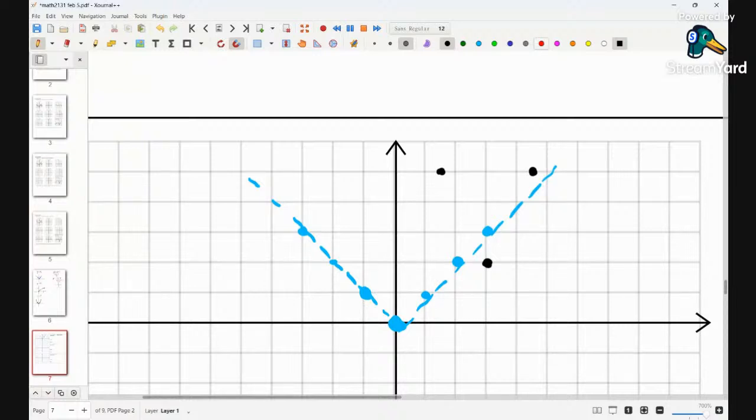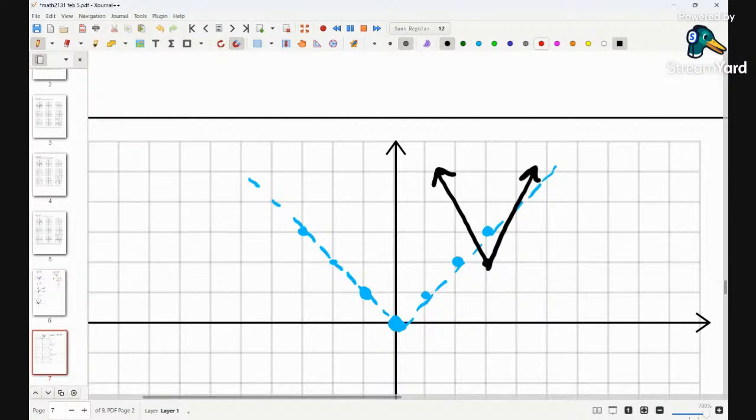Here's a nice 1.5 because its distance is 2. Half the distance, 1, 2, 3, 1, 2. All of those 5 points would line up very beautifully to that graph. It extends onwards and onwards.